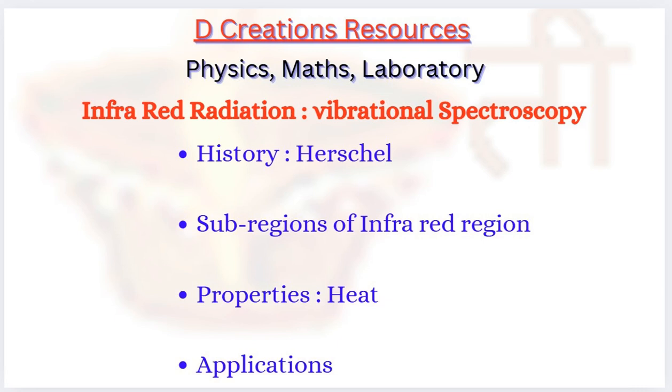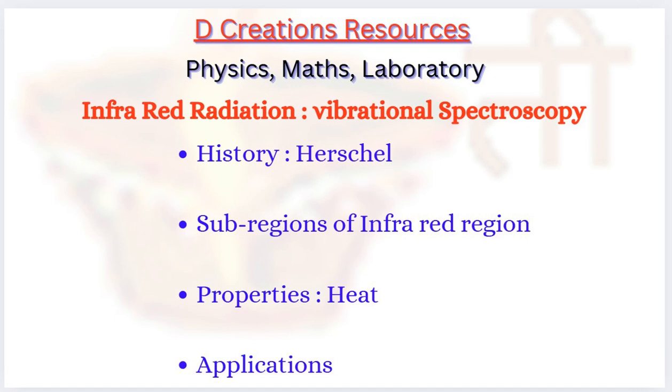Now let us move forward. We have mentioned that for vibrational spectroscopy, our concerned region is the infrared region, and that here the energy changes involve transitions between the vibrational levels of molecules. So what part of the electromagnetic spectrum is the infrared region?